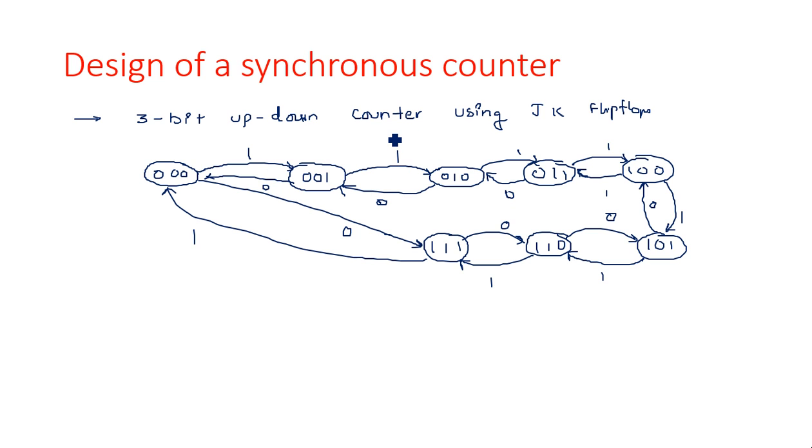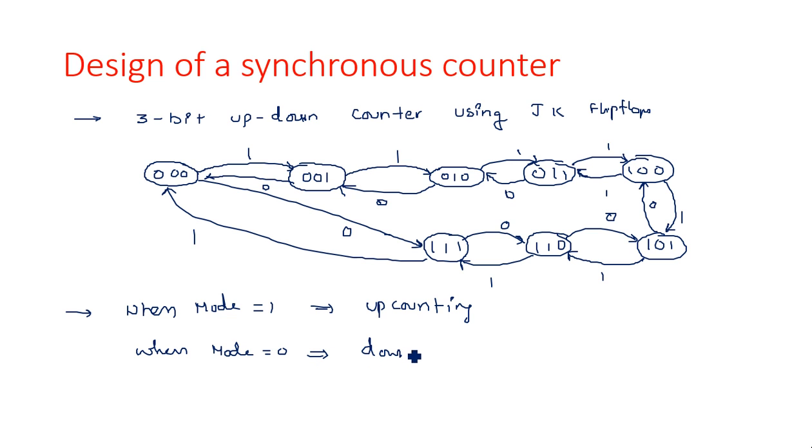This is the expected counting operation. When mode is equal to 1, up count operation should be performed, and similarly when mode is equal to 0, down count operation should be performed.